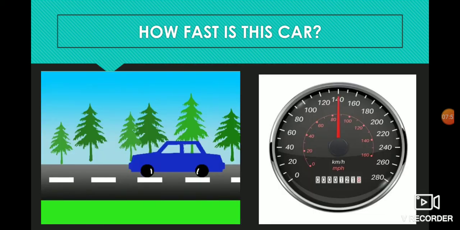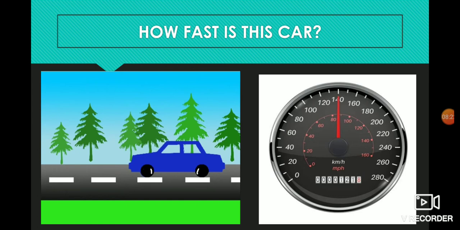Let us take the example of this beautiful blue color car. How can you find how fast or how slow this car is moving? You find this device, the picture of which you see on your right hand side. It is called an odometer, a device which is present on the dashboard of your car. Every car will have this, just behind the steering wheel.